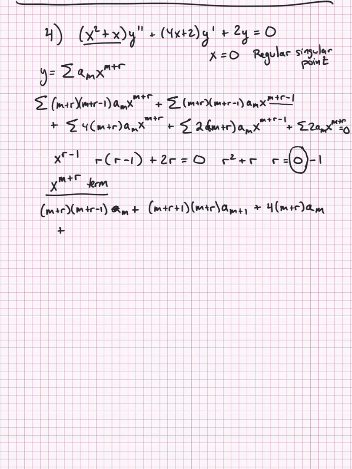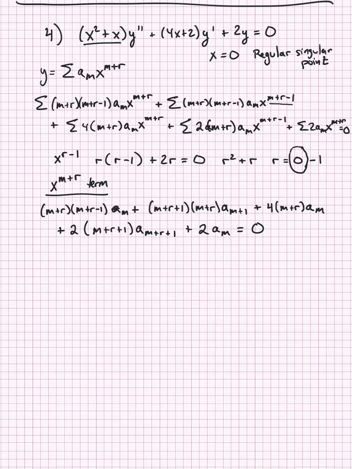Then we have another shift, so we get 2 times (m plus 1) a_(m plus 1). And finally, for the last one, we just get 2 a_m. We know that this is equal to 0, and hopefully this simplifies.